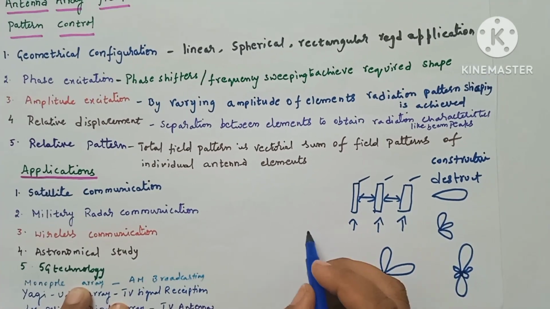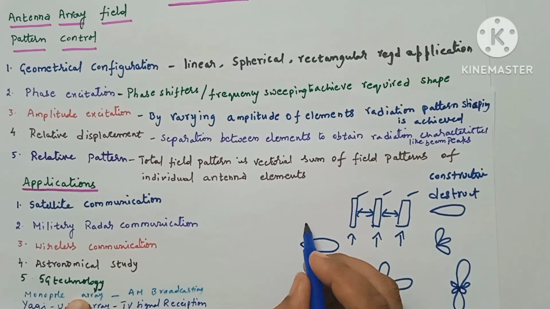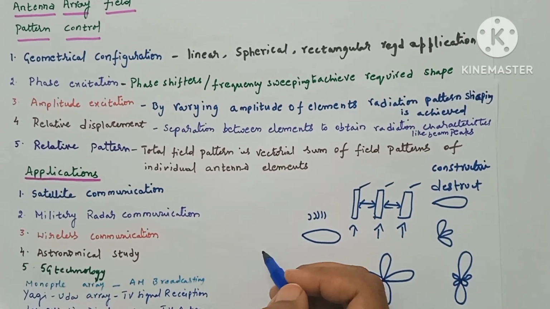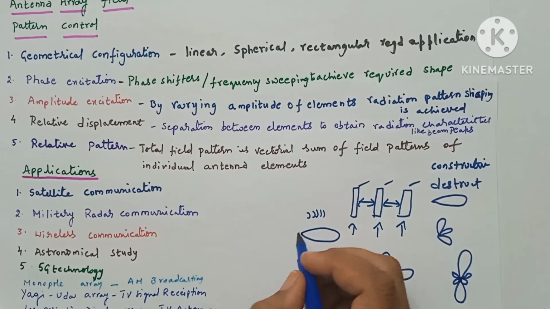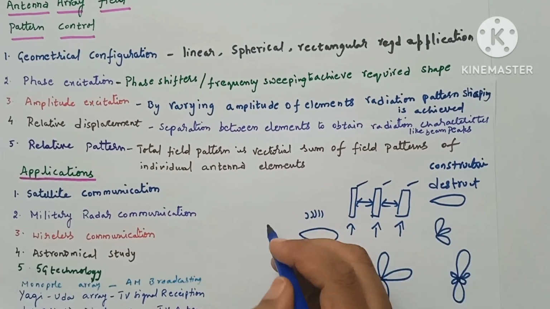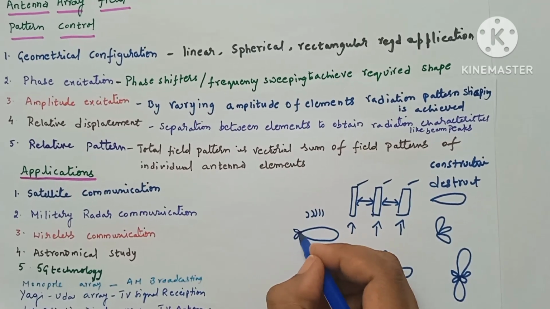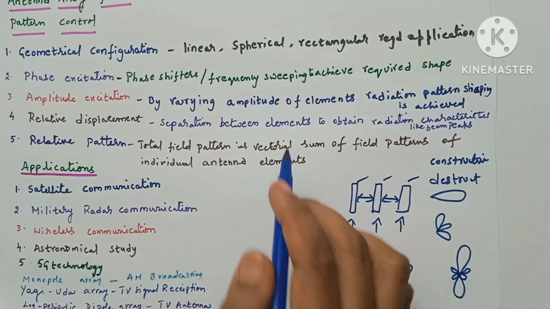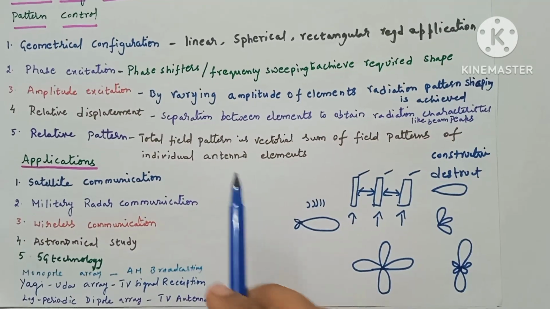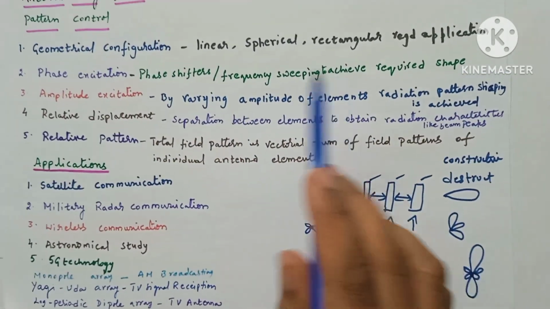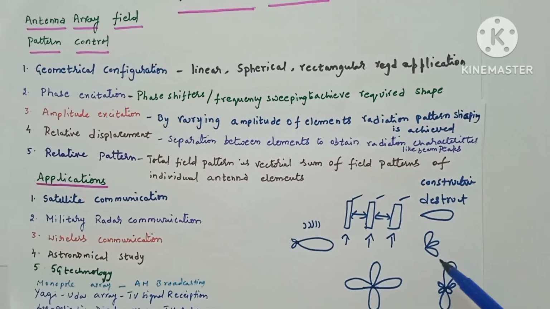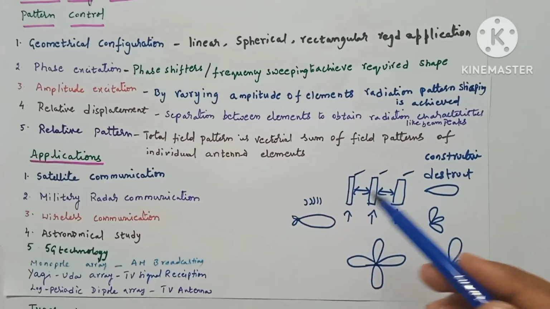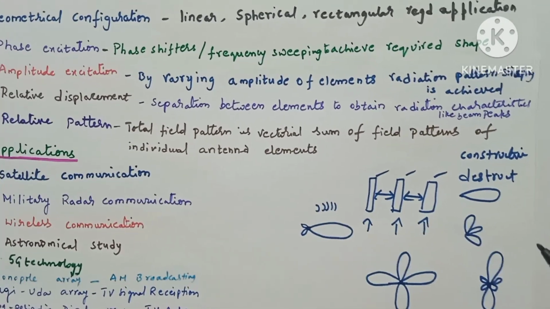For example, if I need output radiation in the forward direction, all the fields should add up in the forward direction, and in the backward direction I don't want any radiation, which means destructive interference should happen there, and then only small side lobes will appear. This type of beam can be obtained only through one of these controlling methods. So in total we have five different ways of controlling the output radiation pattern in antenna arrays, and all of these methods are very easily applicable in practice, right?